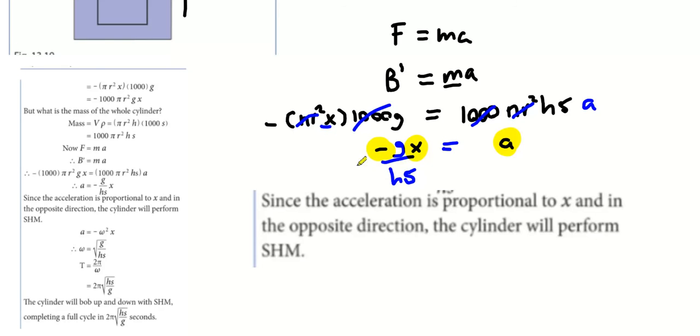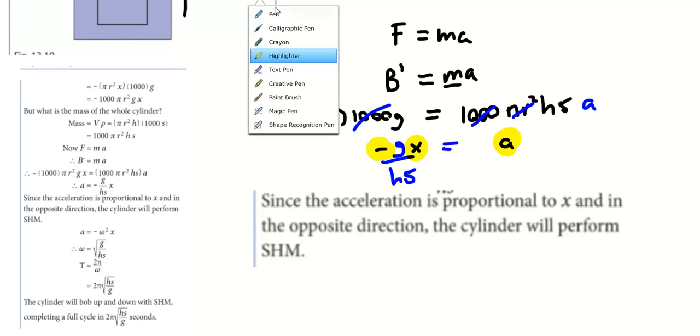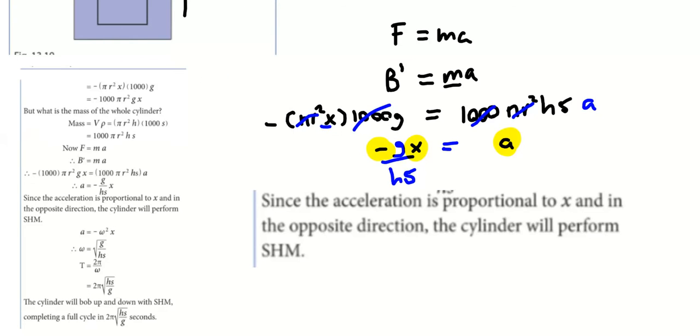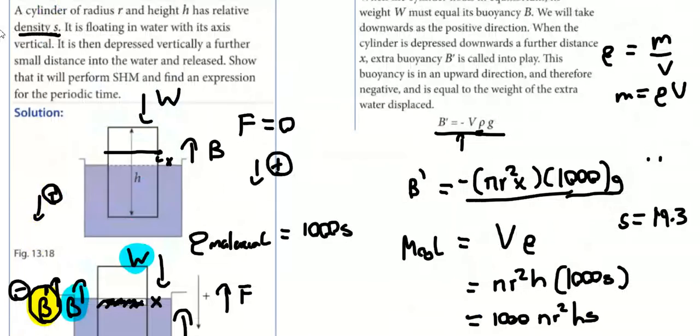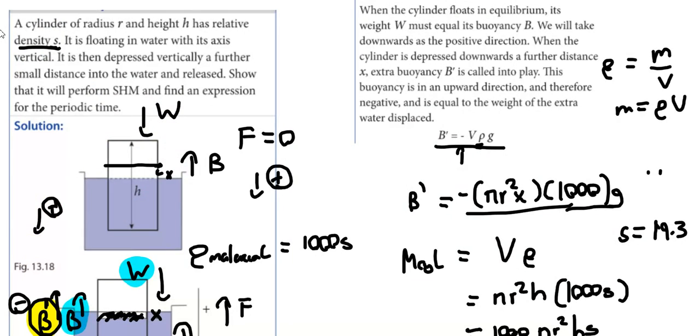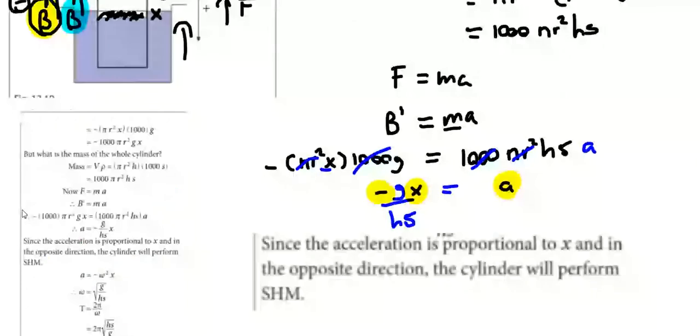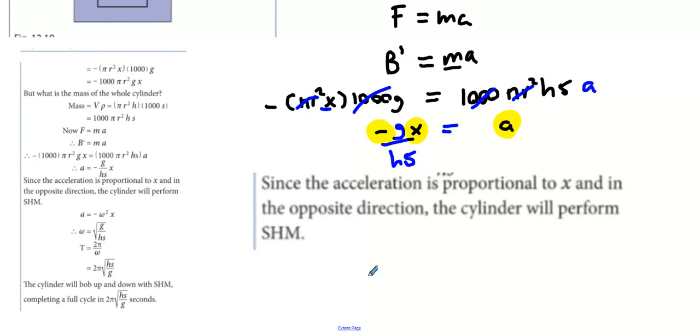Now, the next thing we have to do is find the periodic time. What does it want me to find again? Let's go back to the top. Show that it will perform simple harmonic motion and find an expression for the periodic time. Alright, the periodic time is just 2 pi over omega. This means we have to figure out what omega is.